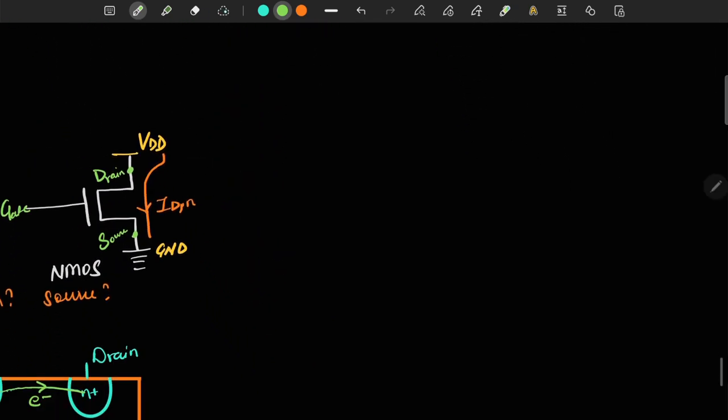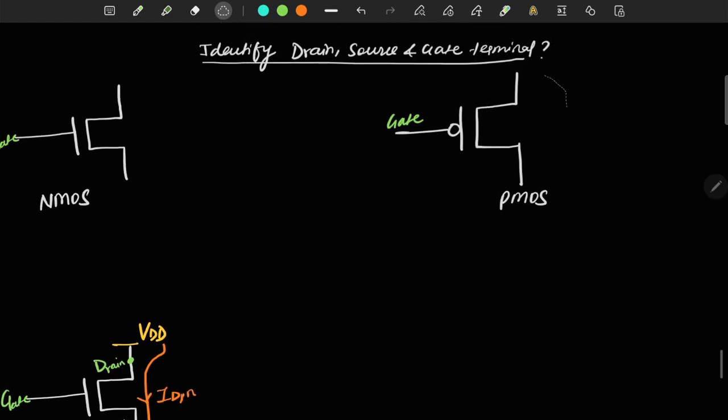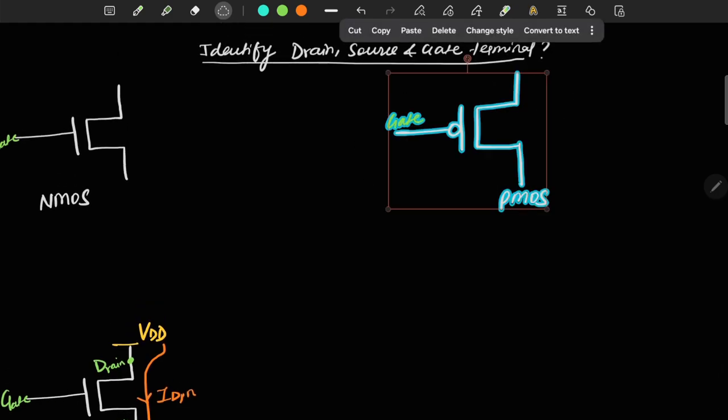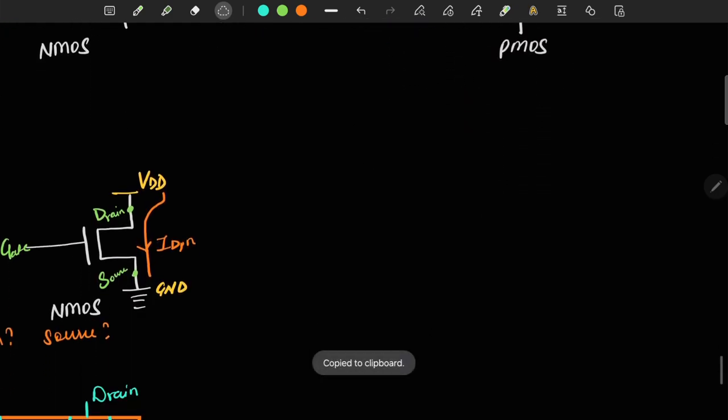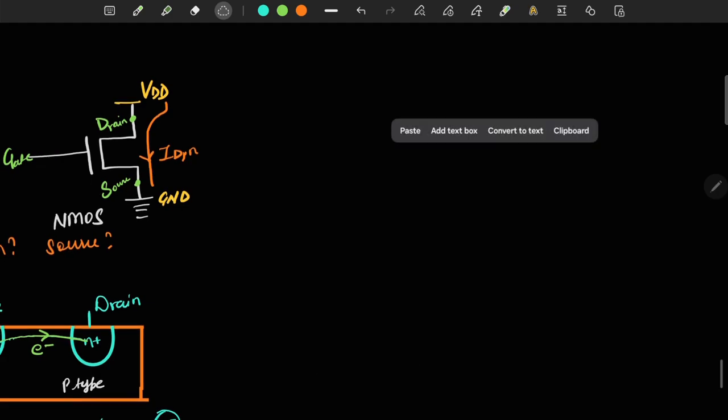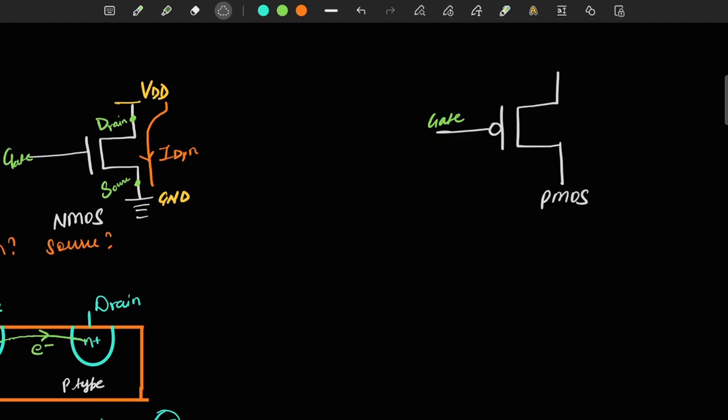Similarly, if I talk about my PMOS, let's take the figure as it is, and suppose I applied a VDD over here and a ground over here. So what will be the direction of current?